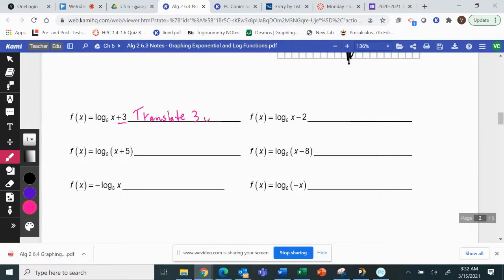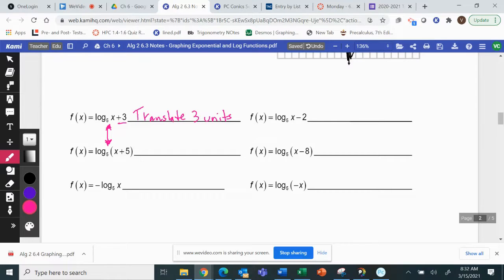Translate 3 units. So now the second part is where? We need to know if this is vertical or horizontal. And sometimes it gets a little confusing because of the logarithm. Just compare it to the one underneath it. If you compare these two here, one of these is vertical and one of these is horizontal. To be horizontal, it has to be inside of the logarithm.